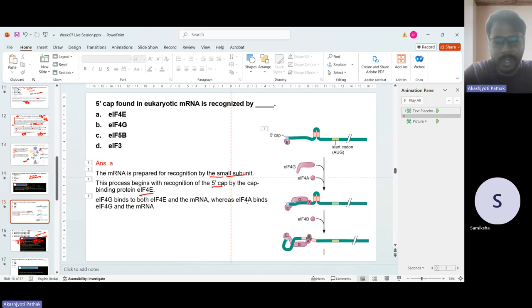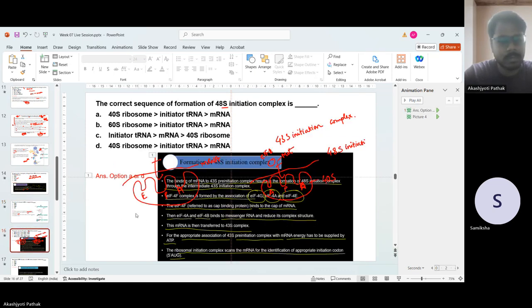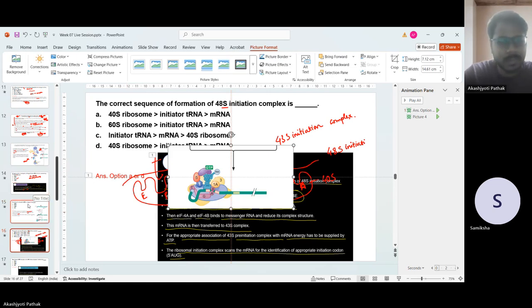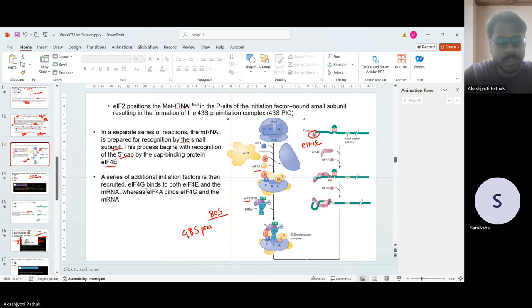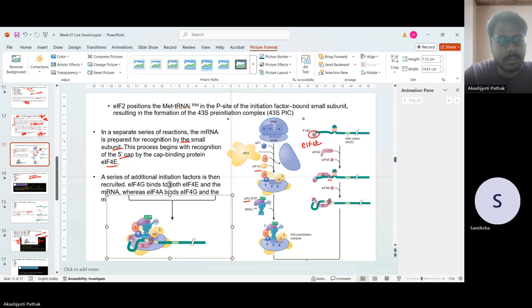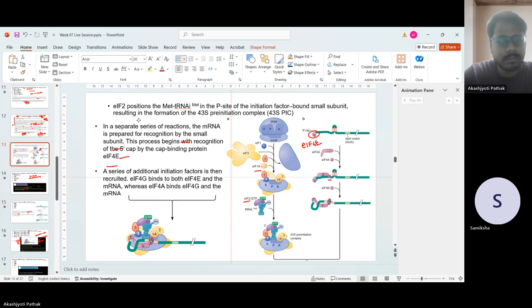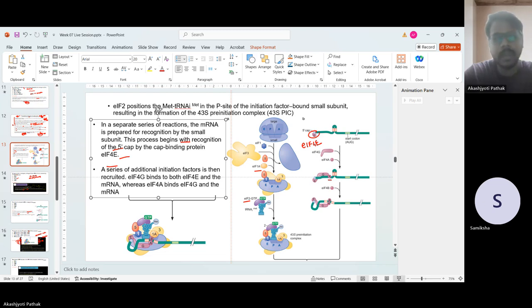I will add a figure of the 48S initiation complex. So now see this figure.